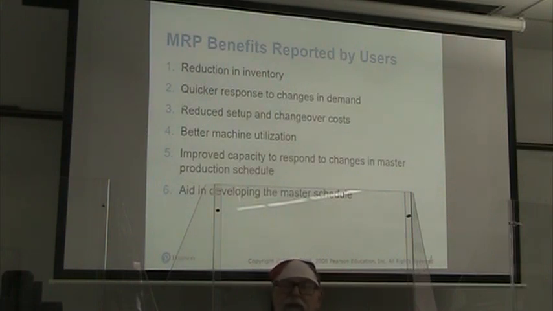We can easily explode new orders through the system. Reduce setup and changeover costs. Better machine utilization. Improve capacity to respond to changes in the master production schedule, and for that matter, aid in developing the master schedule.